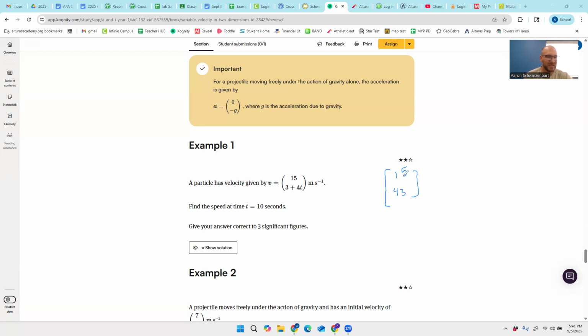Now I need my speed, the magnitude of the v vector. Remember, magnitude looks like absolute value. Use the Pythagorean theorem. To 3 sig figs, the magnitude of the velocity is the speed, which equals 45.5. My velocity vector was in meters per second, so my speed will be in meters per second.